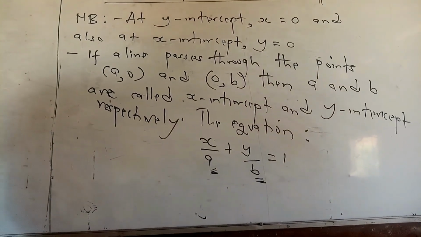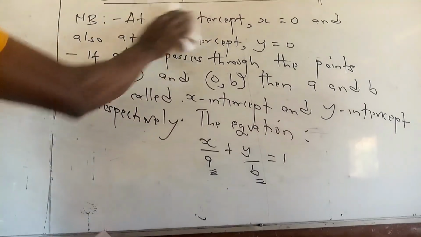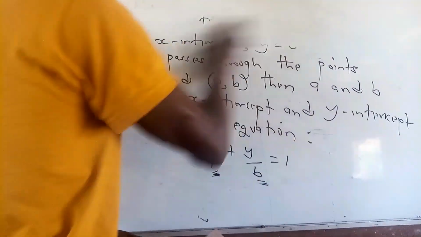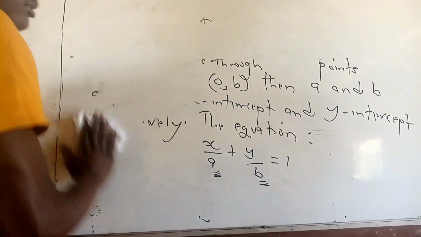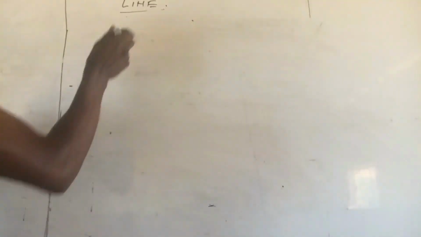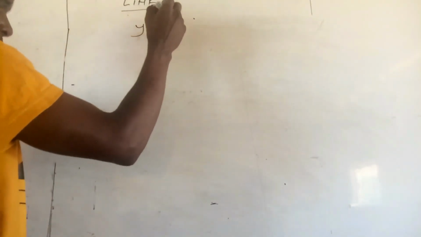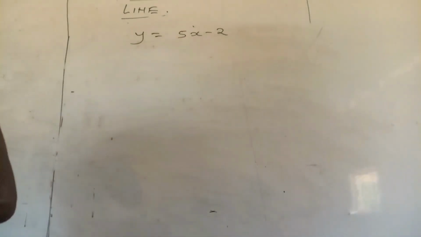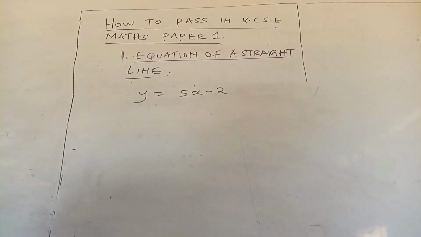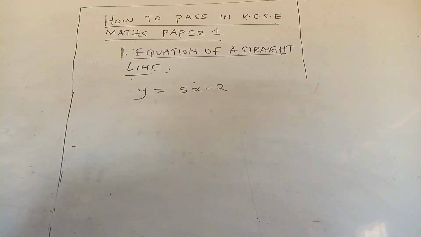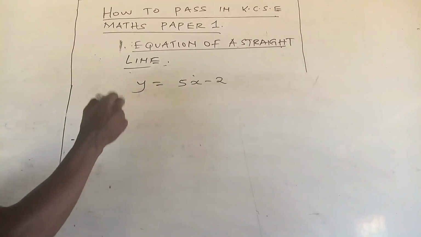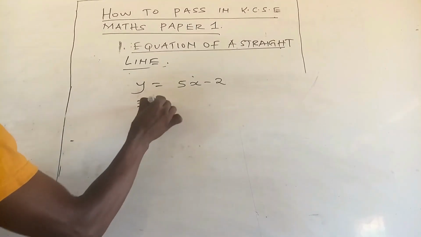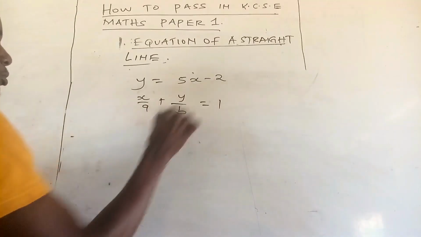For example, in the previous equation that we had looked at, we got the equation of a straight line of this form, y is equal to 5x minus 2. So if we are to find the x and the y-intercept in this equation, we'll first of all write this equation in the form of x over a plus y over b is equal to 1.